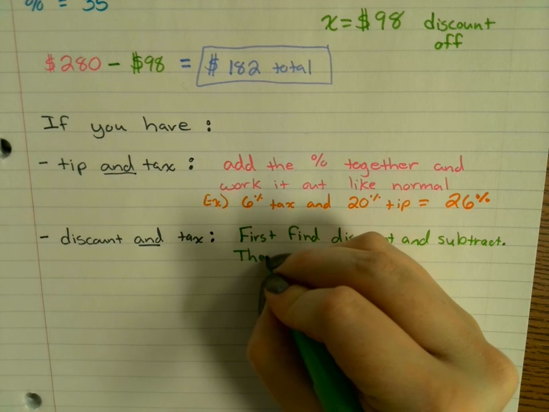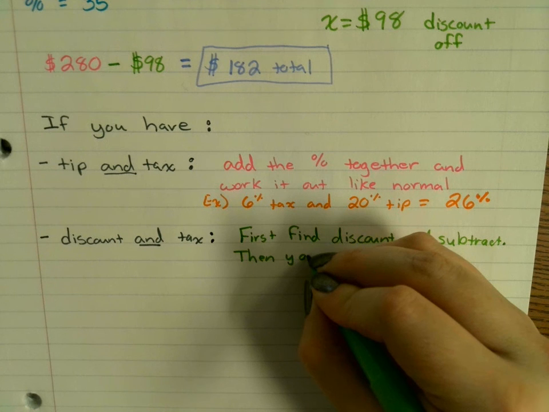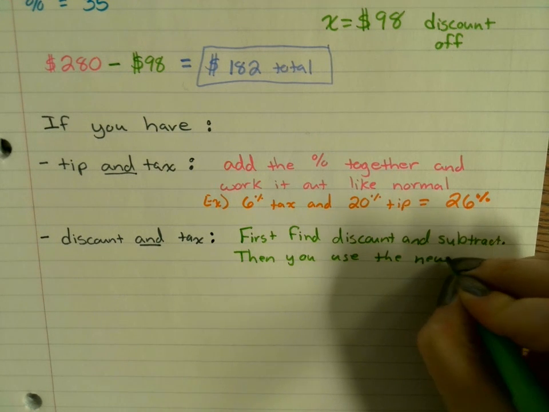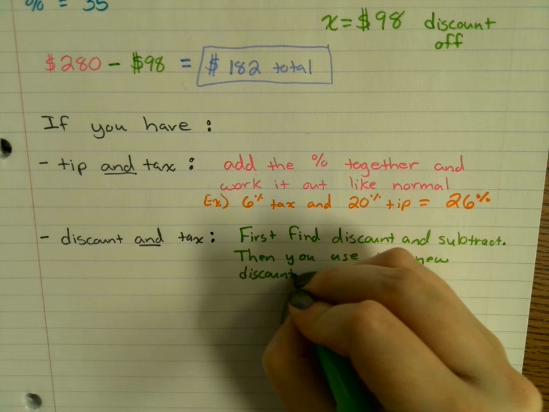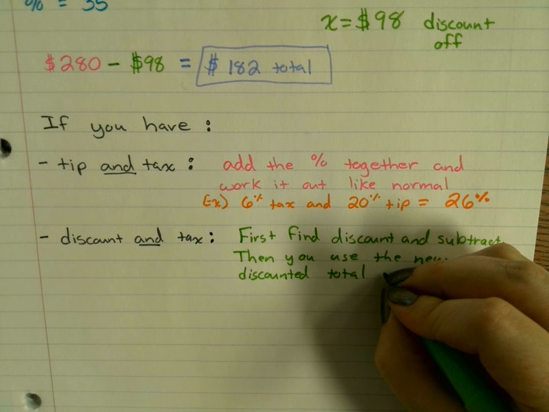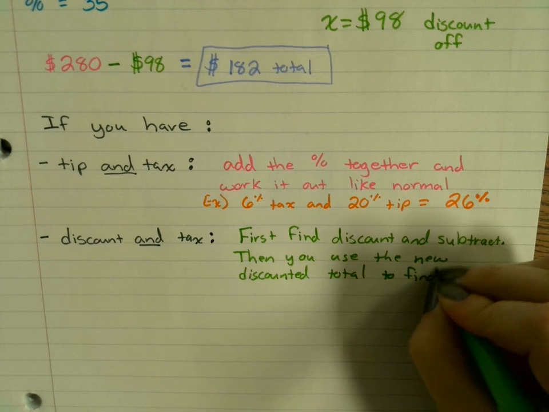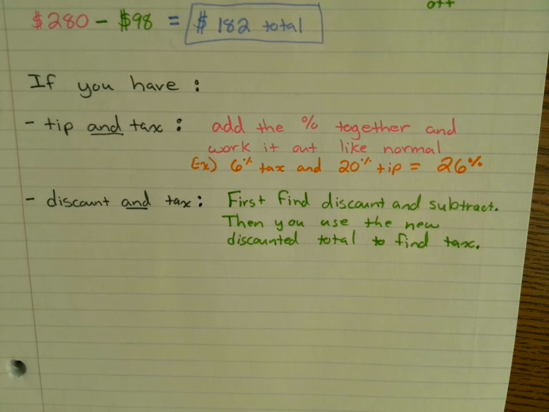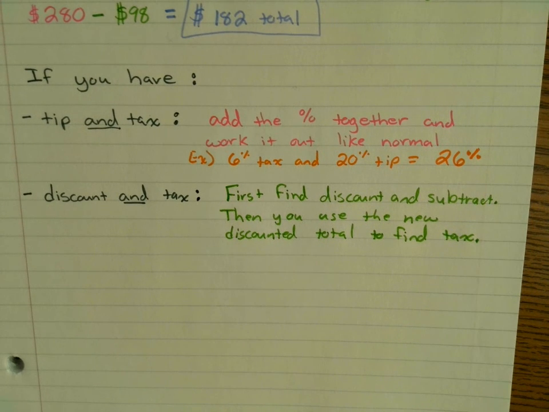Then you use the new discounted total to find your tax or to find tip. So you first have to find the discounted amount. Use the percent of discount, find out what the discount amount is, take that discount away from your total, and that becomes a new total.